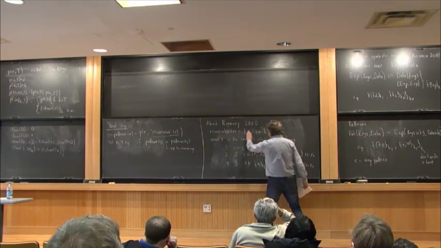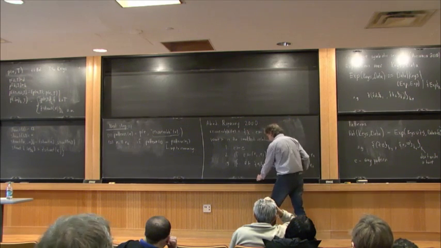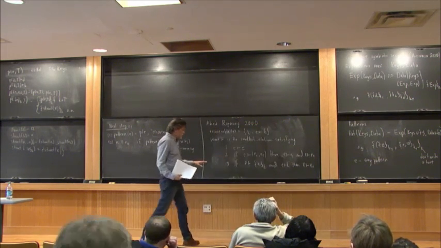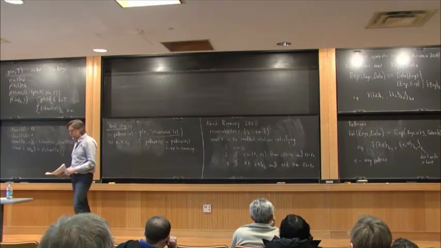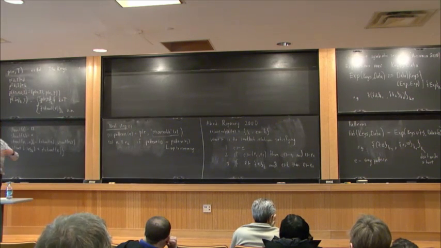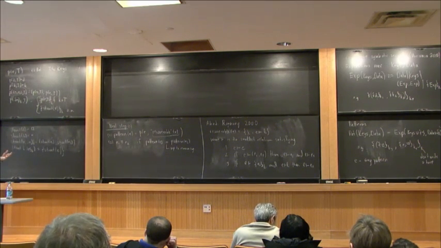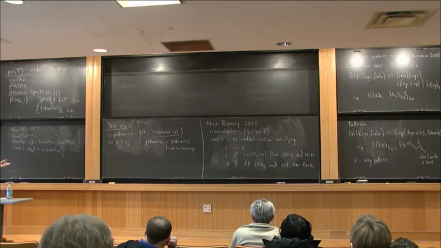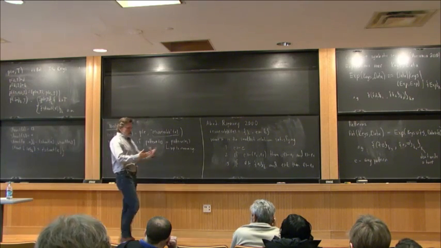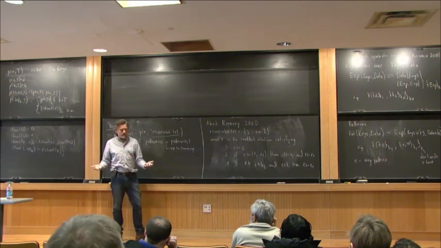So basically, what does this say in terms of key recovery? Since it's the smallest relation satisfying these axioms, we basically start off assuming that the adversary doesn't know anything.